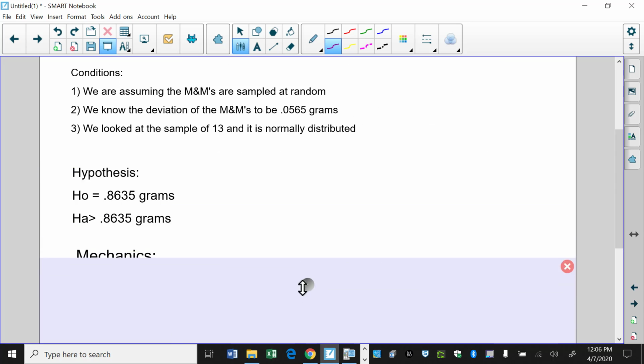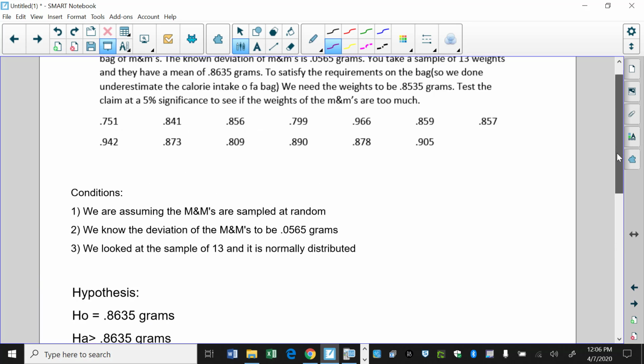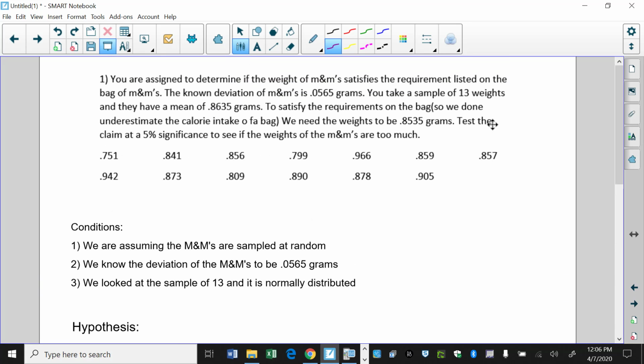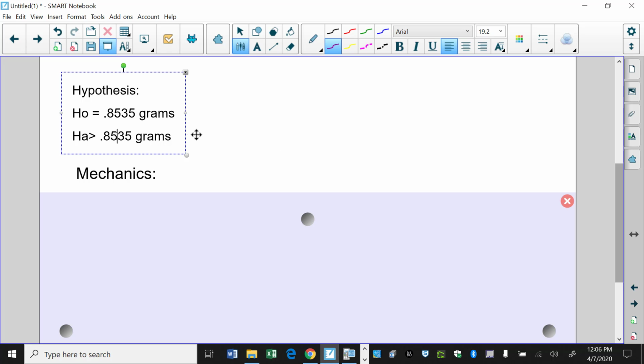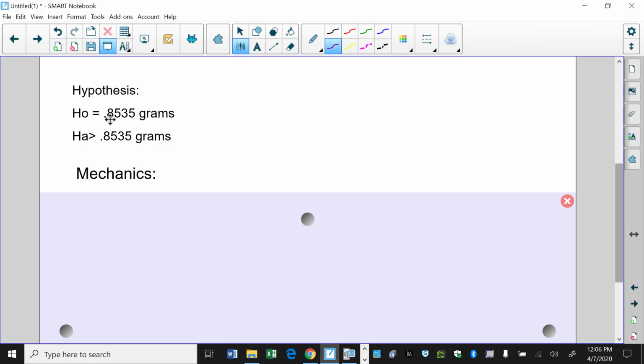The second part is, what are we trying to test? I think what we're trying to test here is, do we need the weights to be 0.8535 grams? So really our null and our alternate hypothesis: we're told it should be 0.8535. We took a sample as 0.8635. Is that really significantly different? So this is the hypothesis.